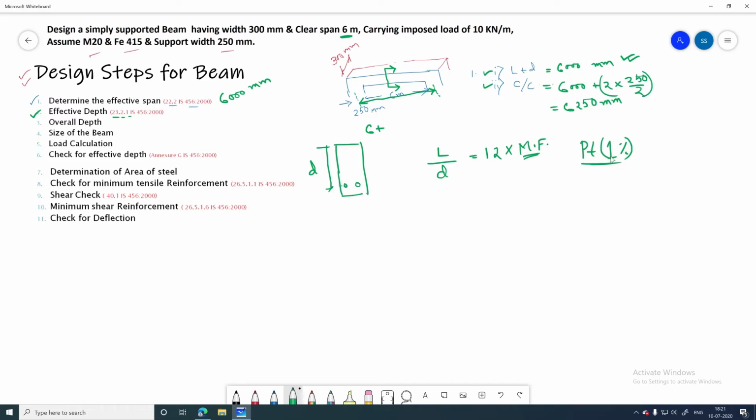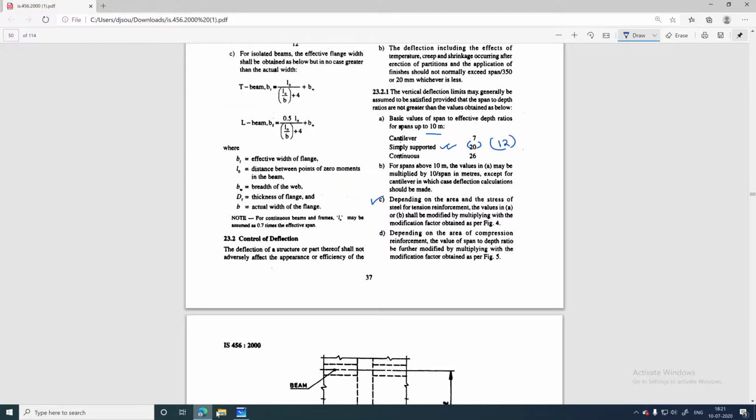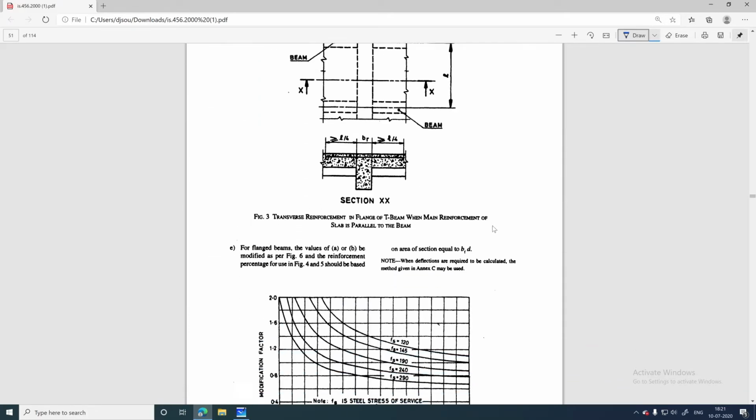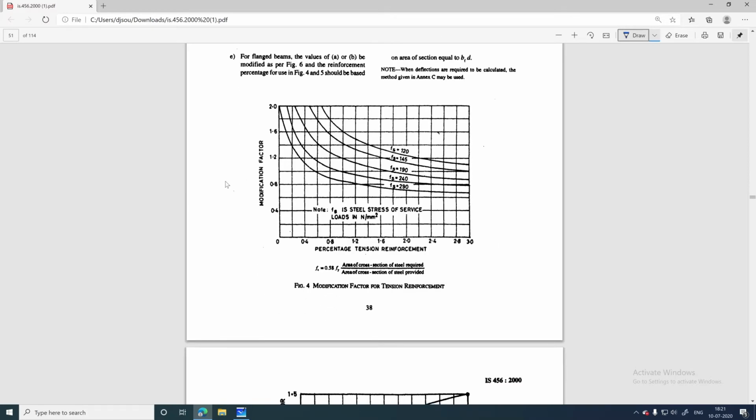If you have the percentage of steel, you need to determine a modification factor from figure 4 in IS 456:2000. So let's jump to figure 4. This is figure 4 and this is the modification factor.